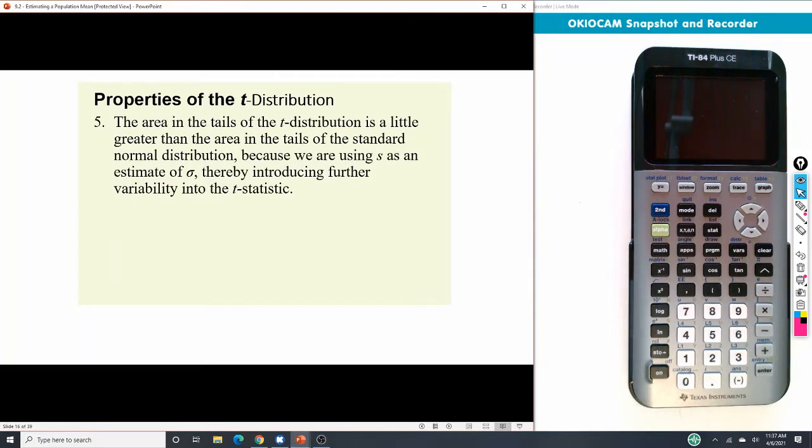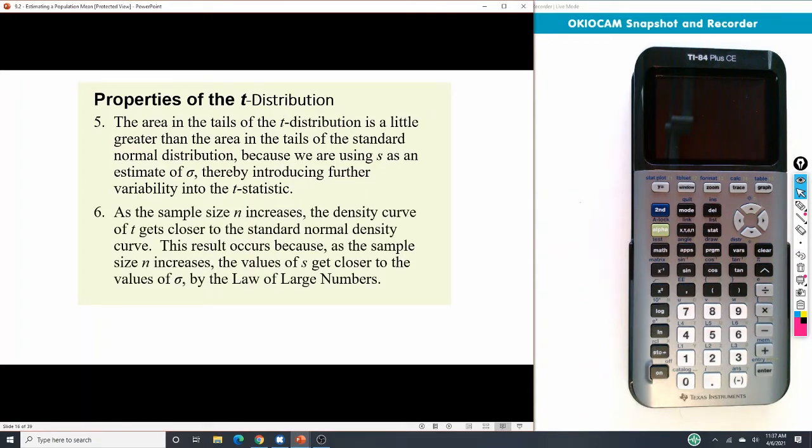The area in the tails of the t distribution is a little greater than in the standard normal distribution, because we're using s instead of sigma. As the sample size increases, the density curve of t gets closer to the standard normal density curve, because of the law of large numbers.